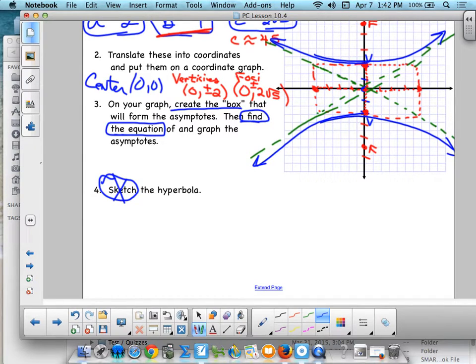Find the equation of and graph the asymptotes. I already graphed the asymptotes. I need to find the equations. So what are the equations of the asymptotes?